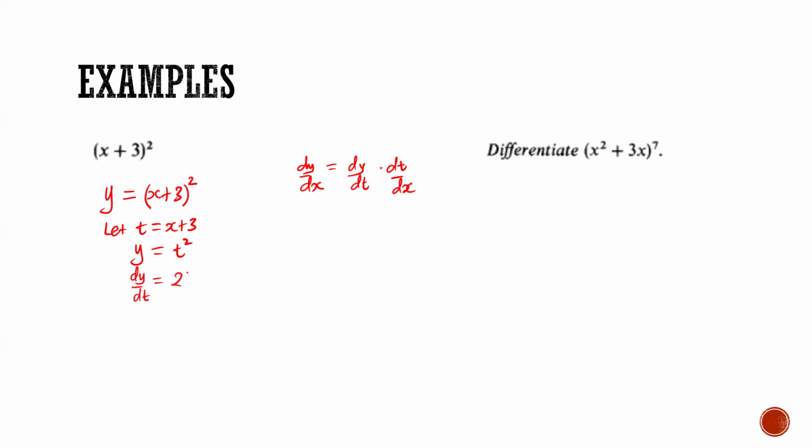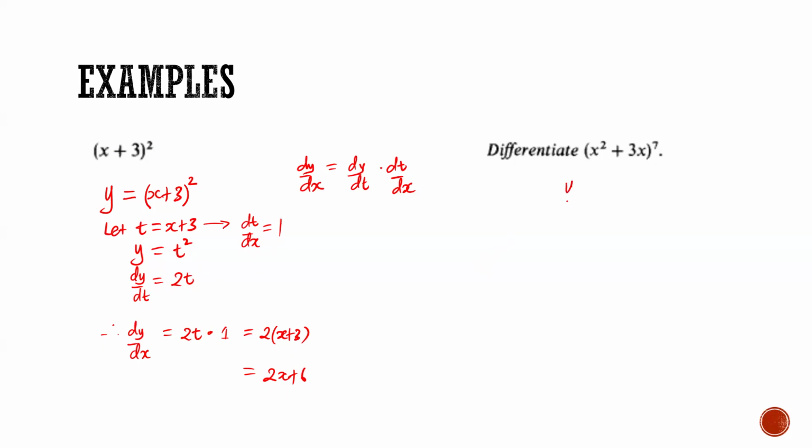You can say dy/dt will be 2t. Then from this equation here we can get dt/dx. You can say that dt/dx will be 1. And therefore dy/dx will be 2t times 1. But our t in terms of x is x plus 3. So it will be 2 times x plus 3, which is 2x plus 6, which was what we got initially.